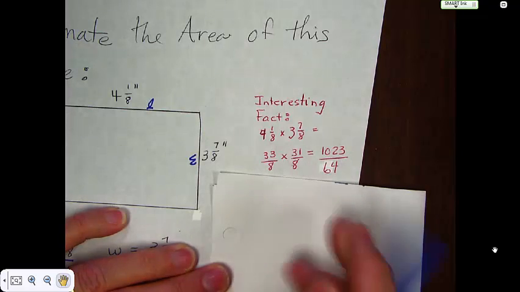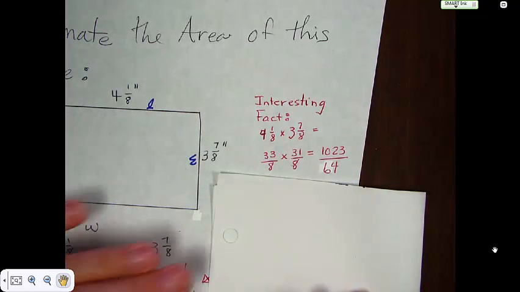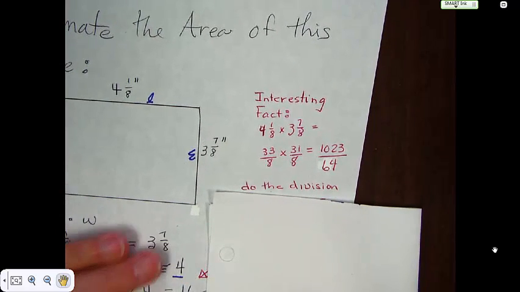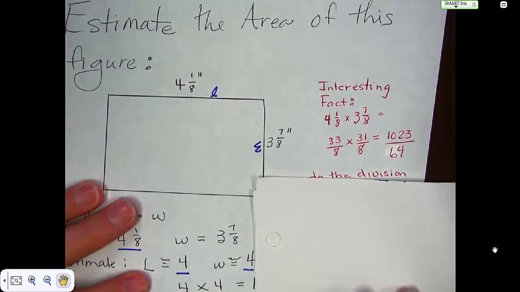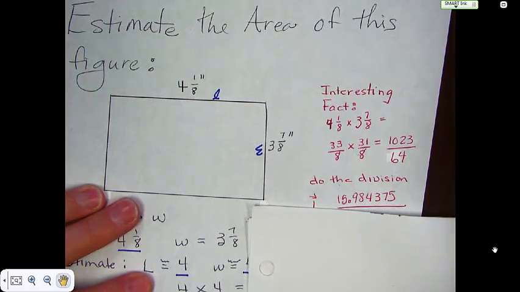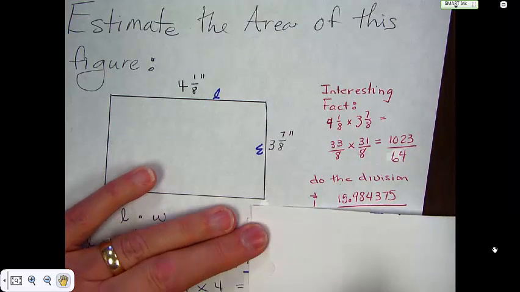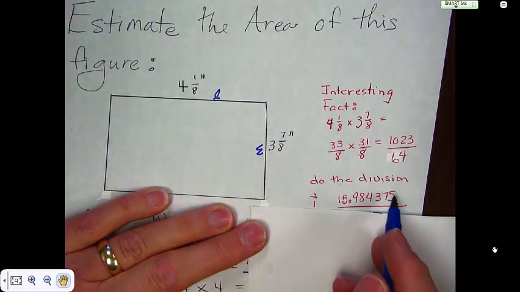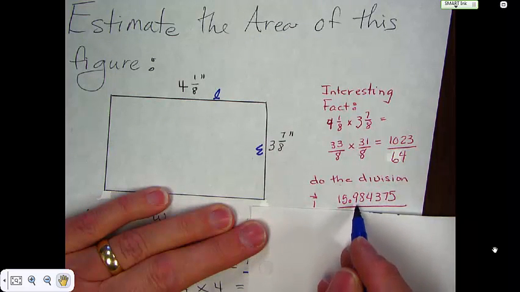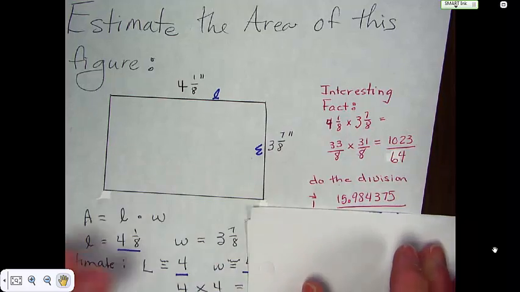And 8 times 8 was 64, and no, I didn't use a calculator for that. Do the division, okay? And that probably you would want to do on a calculator because it is pretty long. And guess what I got for an answer? I got 15.984375, which would round to 16.